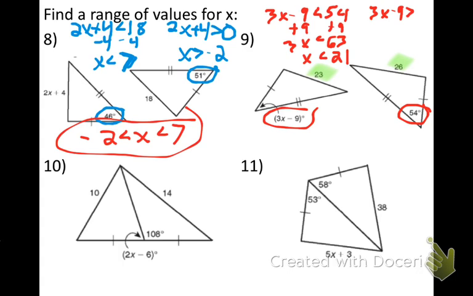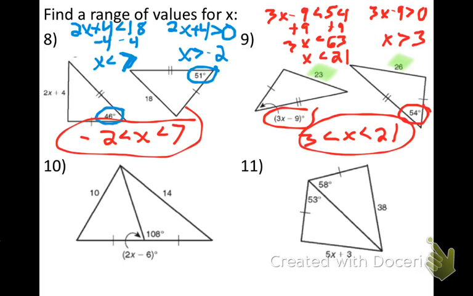Nice job, sir. In order to exist, it has to be bigger than 0. So I set the second half greater than 0. And you work that out. What do you get, Johnny? Add 9. Good. So x is greater than 3. Now I put that as a compound inequality, which is 3 is less than x, which is less than 21. Plugging that in and solve. Good work.